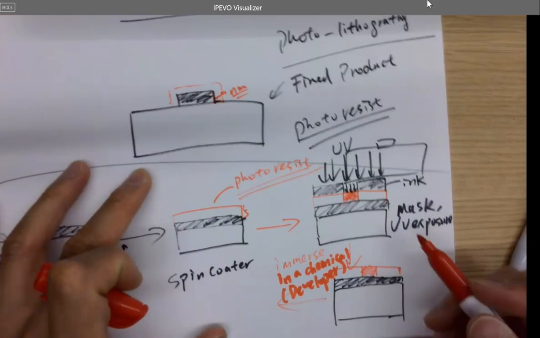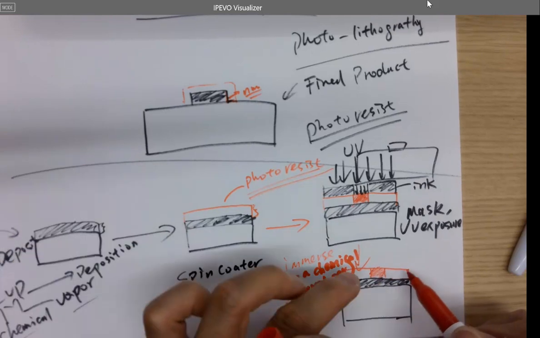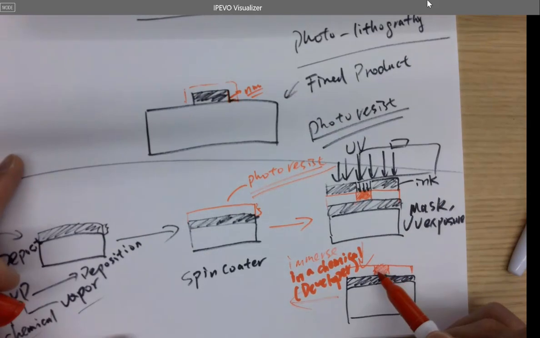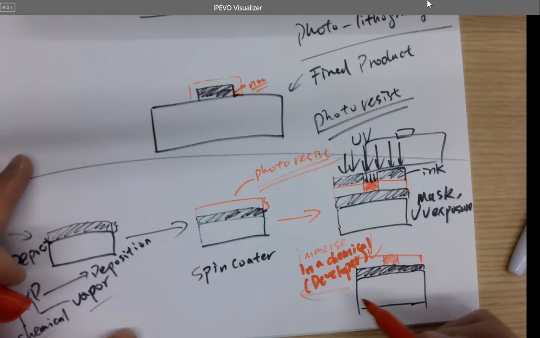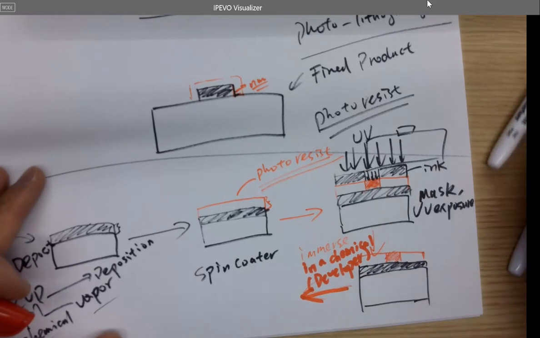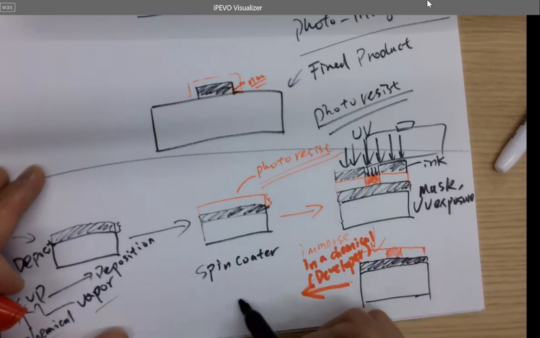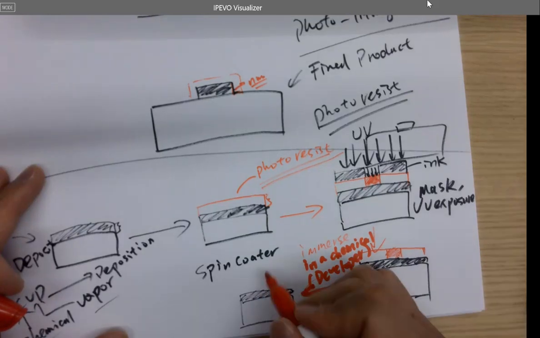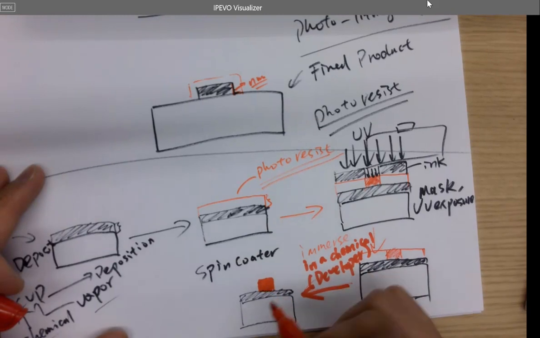It's gonna dissolve the other areas that were not exposed to the UV, but the cured ones are resistant to the developer, so they will stay. The next step, after being immersed in the developer, you're getting this. That's a homogeneous metal layer still, okay? I got a piece of metal, with cured photoresist on the top.